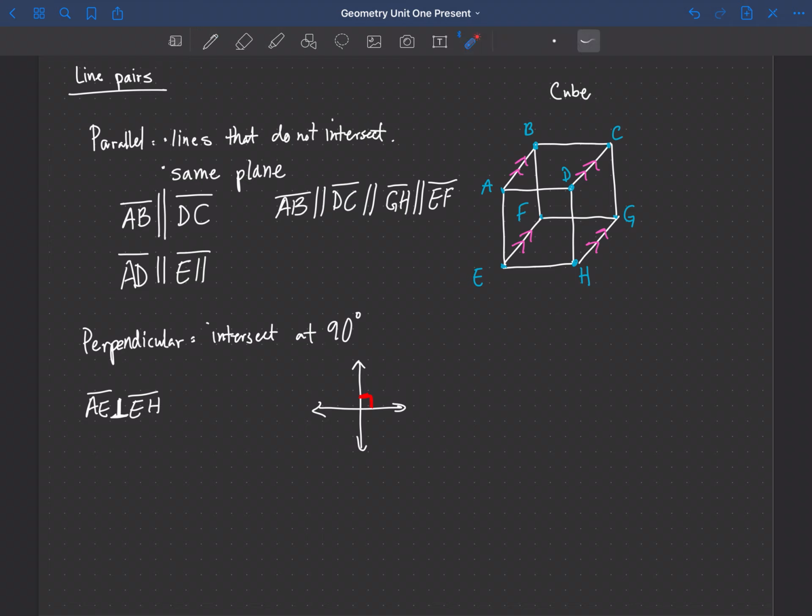Another example of a perpendicular intersection is BF and FG, in the back of the cube. So BF is perpendicular to FG. Or I can also put GF.